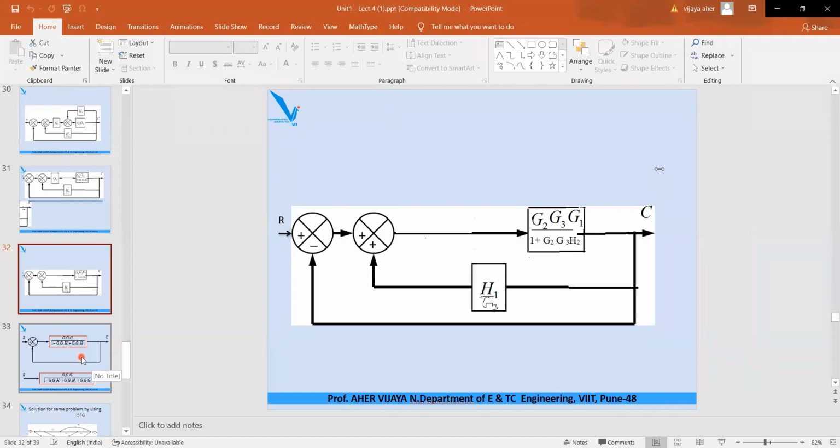Yes, anybody? Please simplify. Student, you are supposed to write this equation. Please write.